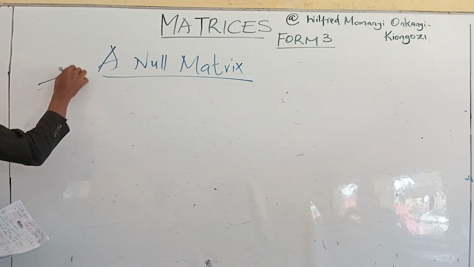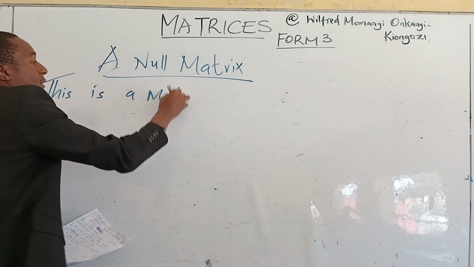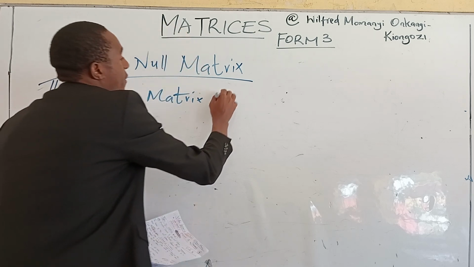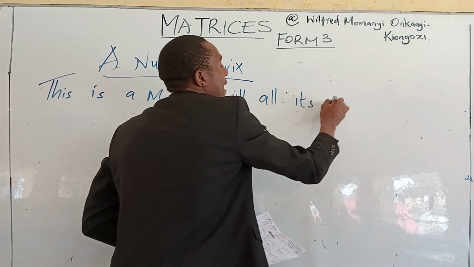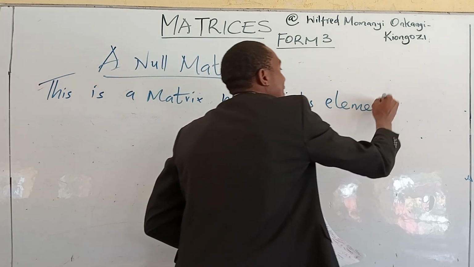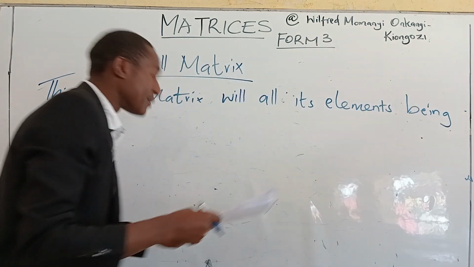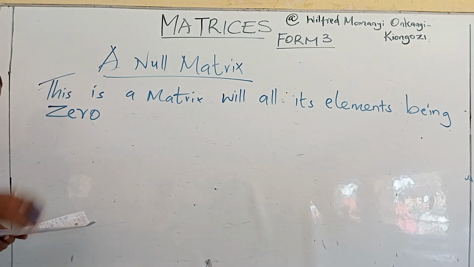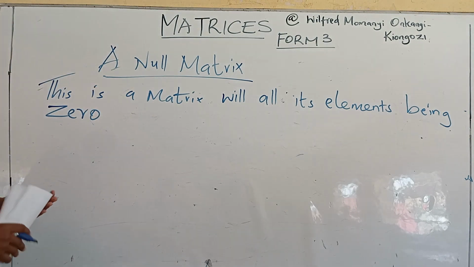So this is a matrix with all its elements being zero. Then we have some very important points to note.